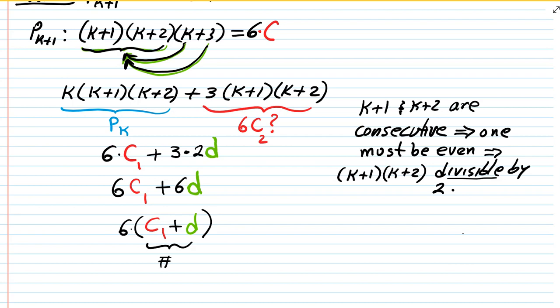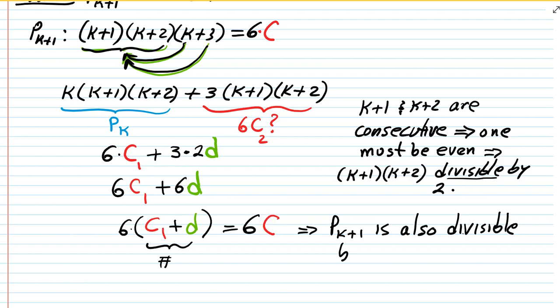This is just a number. So this is equal to 6 times our usual c. And we just showed that from this, P sub k plus 1 is also divisible by 6. Therefore, the statement is true.